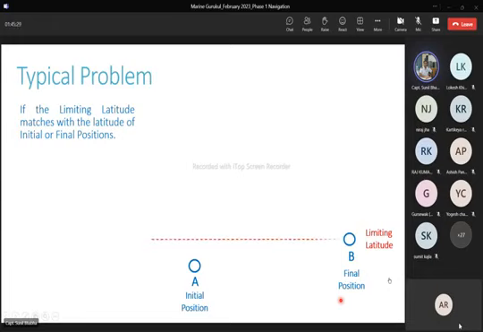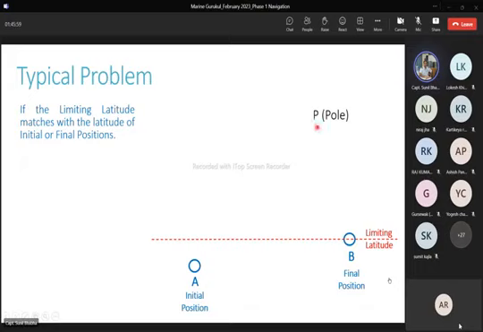So in this particular case, B being at a higher latitude, we are in the northern hemisphere. B being at a higher latitude, the limiting latitude exactly matches with the latitude of B. So this tells us that if we draw the limiting latitude, it will be passing through our final position B, and that's what you can see in the diagram now.